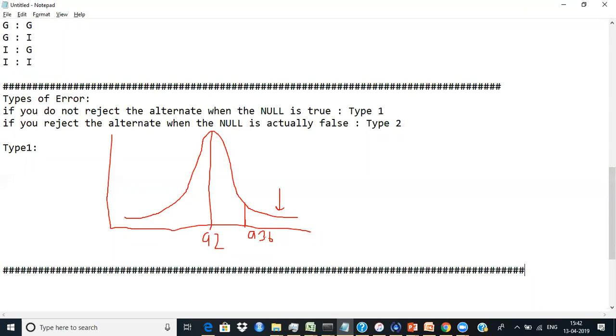So the p-value is the probability value of the type 1 error we are going to prove? Yes. No, you calculate that based on the null assumption. You do not need to have prior knowledge of type 1 error. Type 1 error comes out as a byproduct of hypothesis testing.